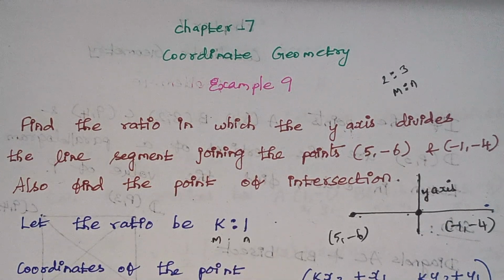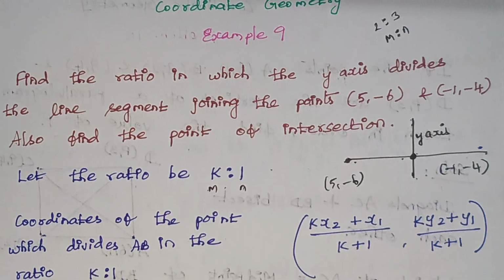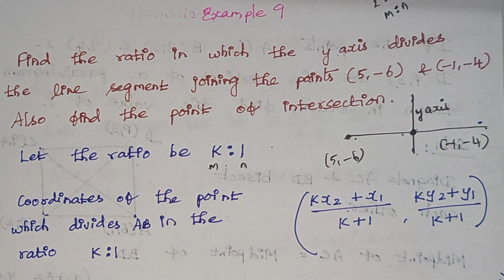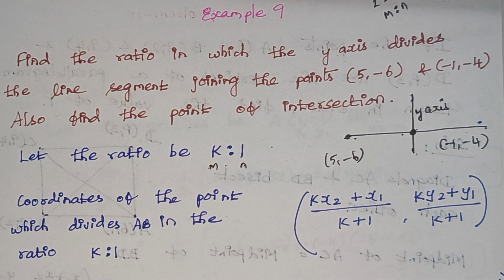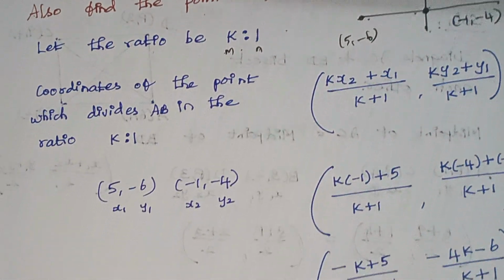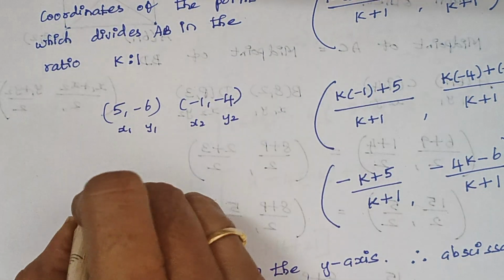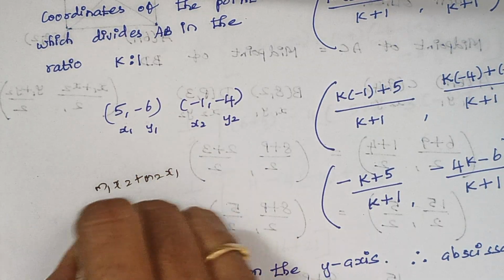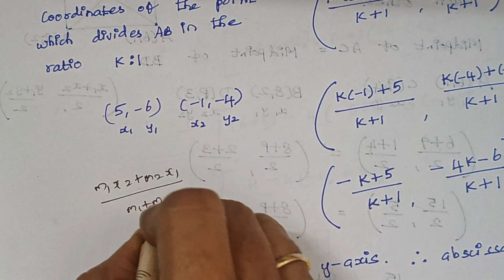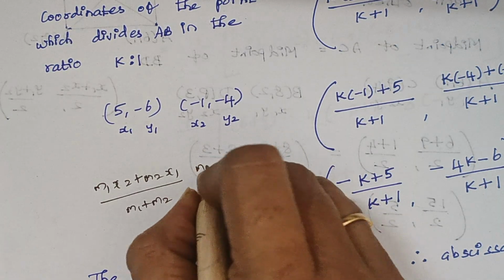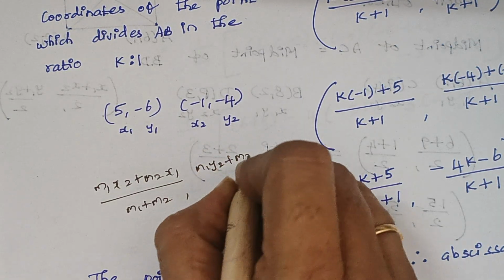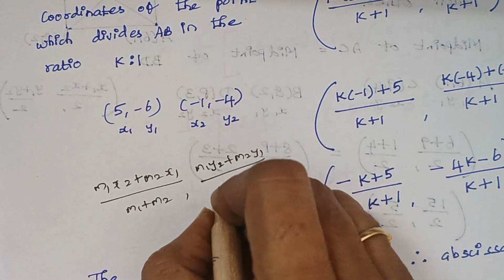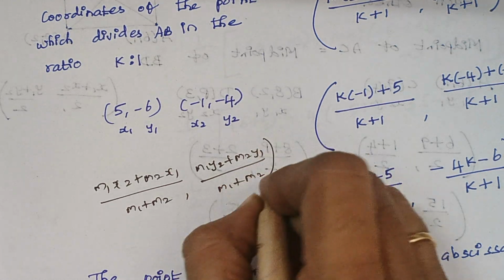Next, as usual, the formula is given by, right? So what is the basic formula? The basic formula which we know is, let me write it here. This is given by m1 x2 plus m2 x1 divided by m1 plus m2 and again m1 y2 plus m2 y1 divided by m1 plus m2, right?